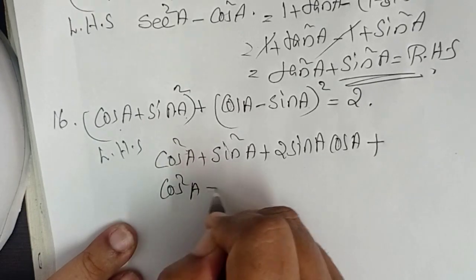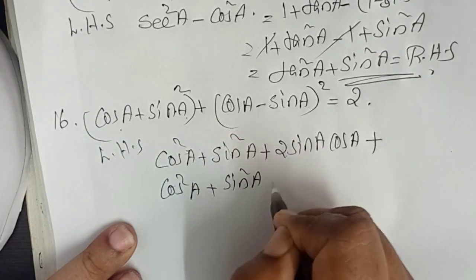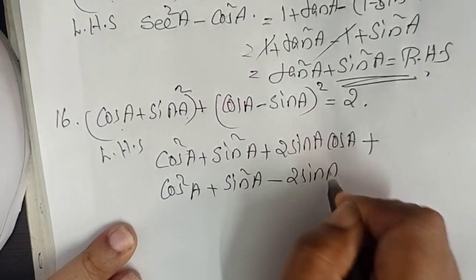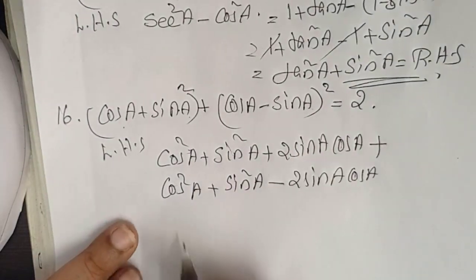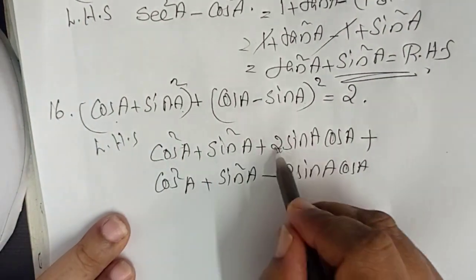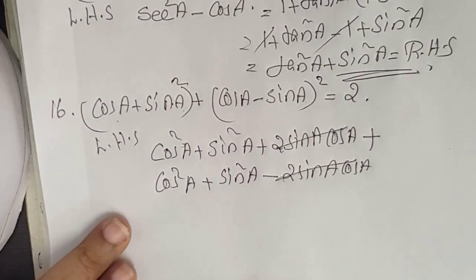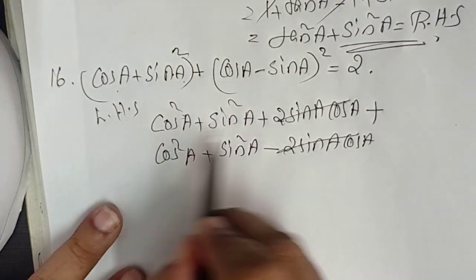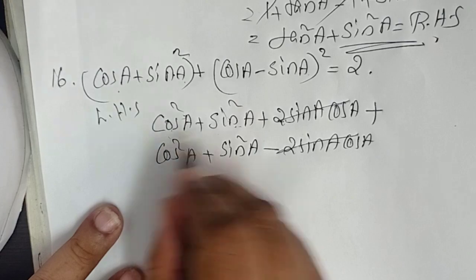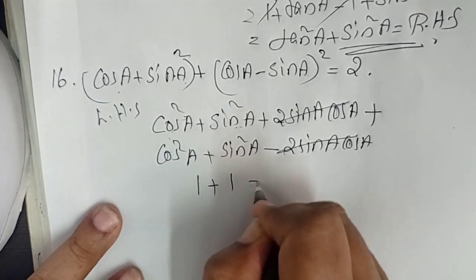Cos square A plus sin square A minus 2 sin A cos A. From that, plus 2 sin A cos A minus 2 sin A cos A cancel. What is sin square A plus cos square A or cos square A plus sin square A? 1 plus 1, that is equal to 2.